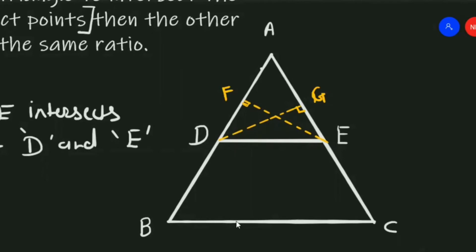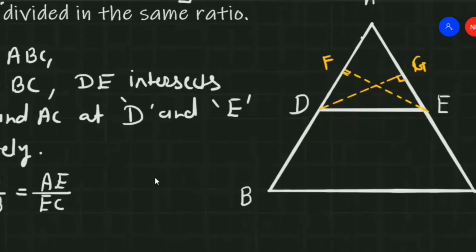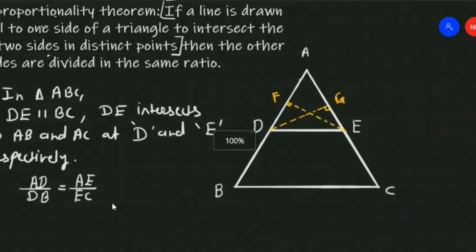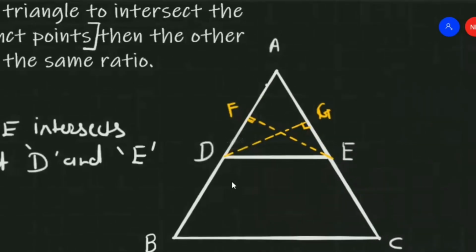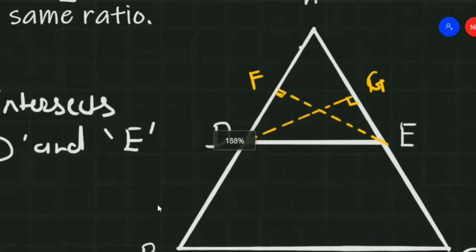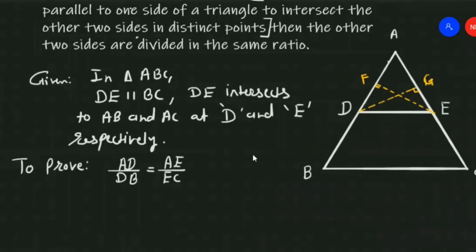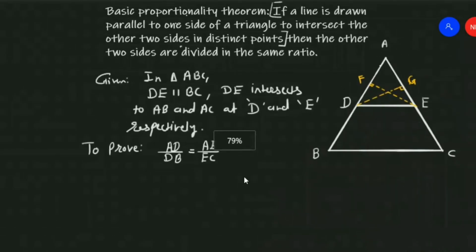Under the construction part, we will write to construct altitudes. We have constructed altitude EF to base AB and altitude DG to base AC. So let's write this under the construction part.